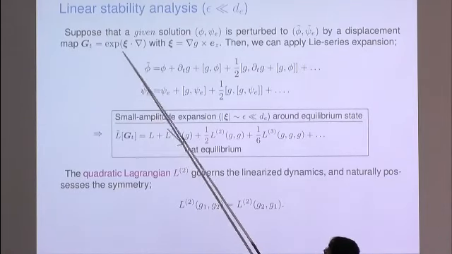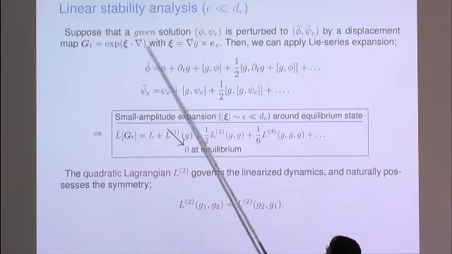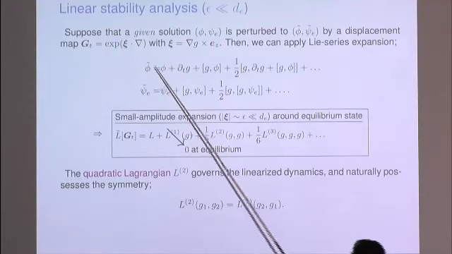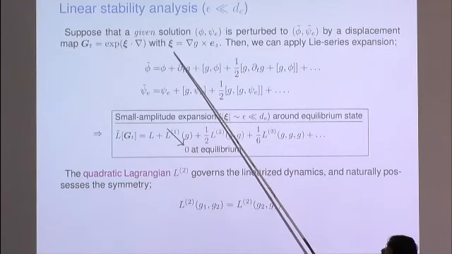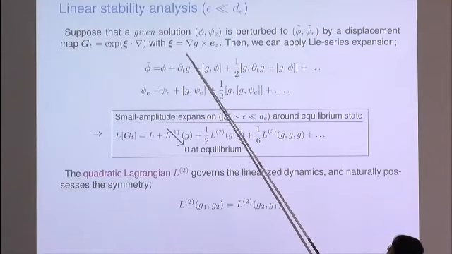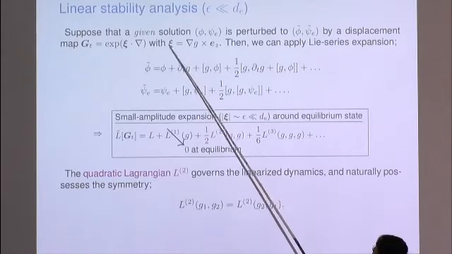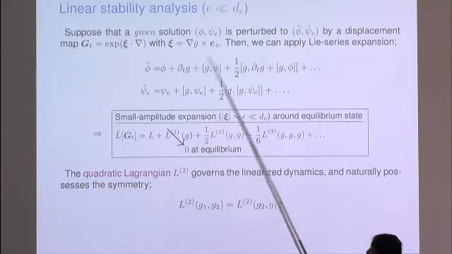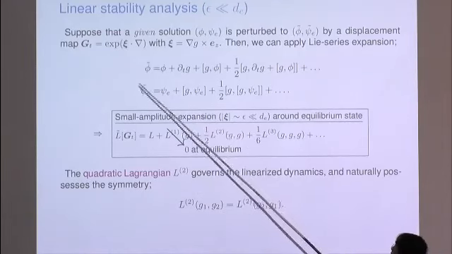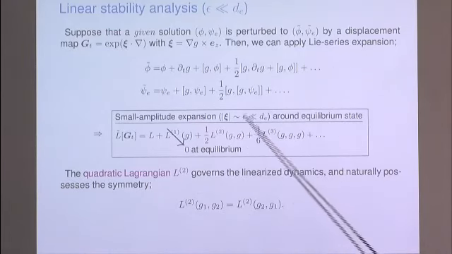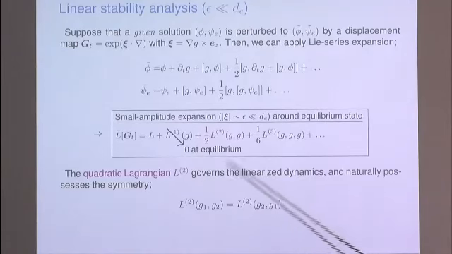define G_t as the exponential map like this, where xi is the vector field and the generator of this displacement, and this must be an incompressible vector field. So xi must also be represented by this potential form. Then we can apply the Lie series expansion like this, and by substituting this expansion into the Lagrangian, we can perform a small amplitude expansion.